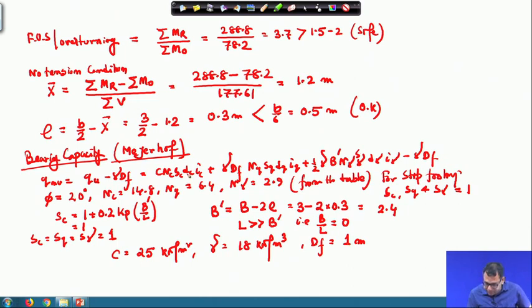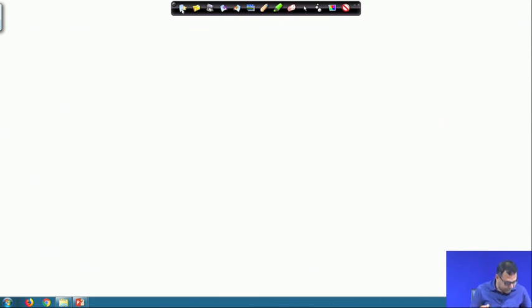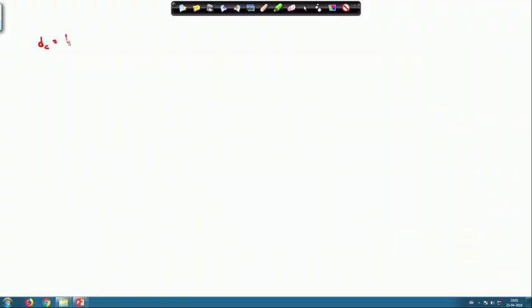So, now I have to calculate the depth factors and the inclination factors. So, I will calculate dc now. As per Meyerhof, dc is 1 plus 0.2 tan of 45 degree plus phi by 2 into dF by B dash.